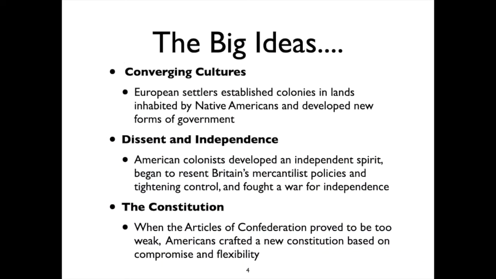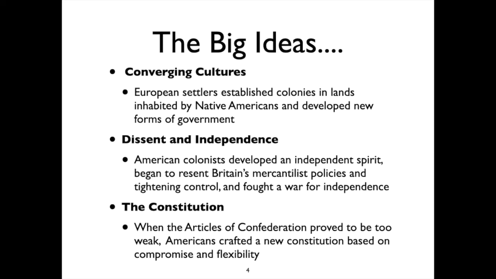The big ideas. Every chapter begins with an overview of the big ideas that you're supposed to learn. Converging cultures. European settlers established colonies in lands inhabited by Native Americans and developed new forms of government. Dissent and independence.